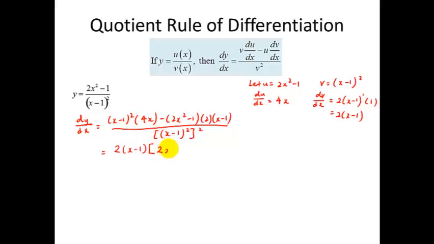I'm also left with an x. I'm also left with an (x minus 1), power 1. Because I took out a power 1, I have another power 1. Second term, 2 is taken out, so no more 2. 2x squared minus 1 is still there though. And because x minus 1 is also taken out, no more x minus 1. So that's it. Close the bracket. Bottom, power 4.